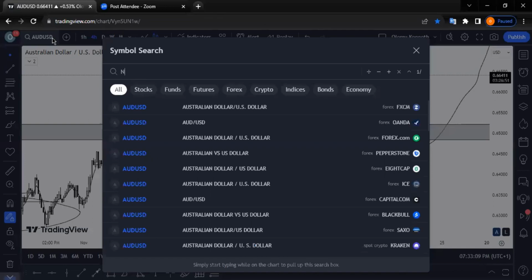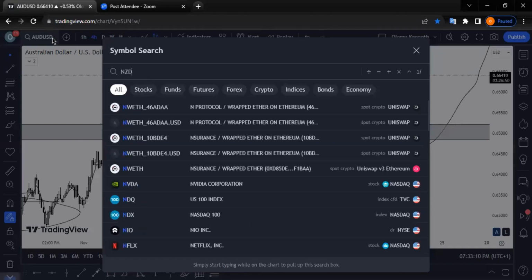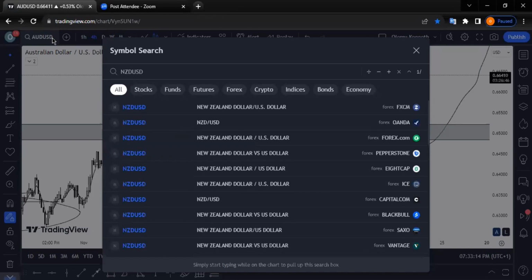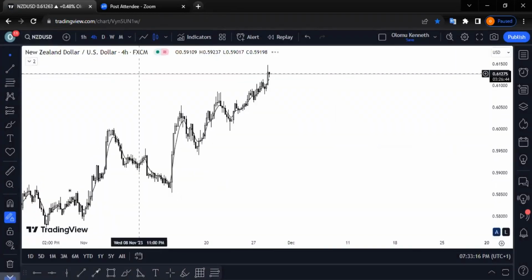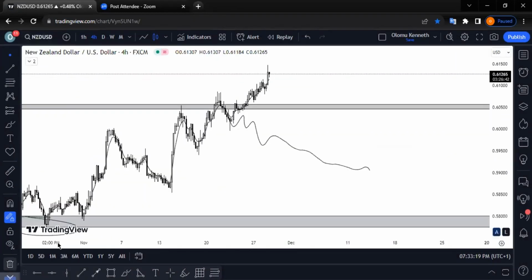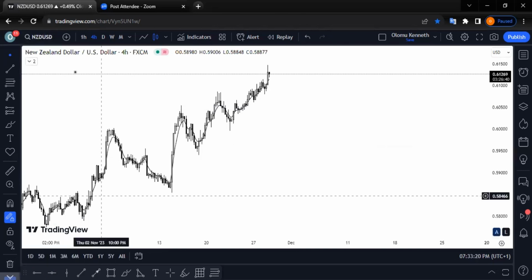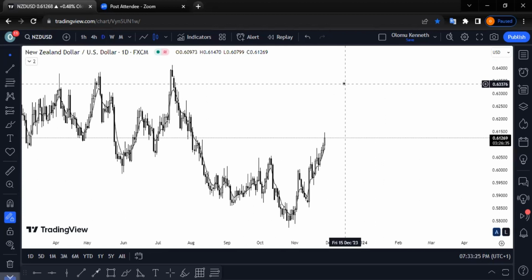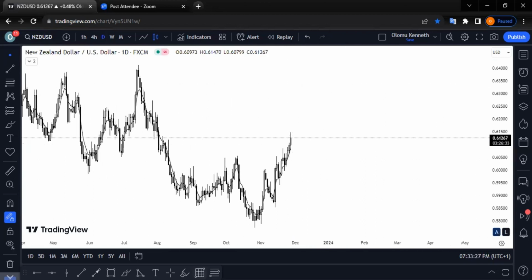So let's look at NZD USD. All right, okay, so we have all of our analysis from last week. So for this, we've exceeded this level.